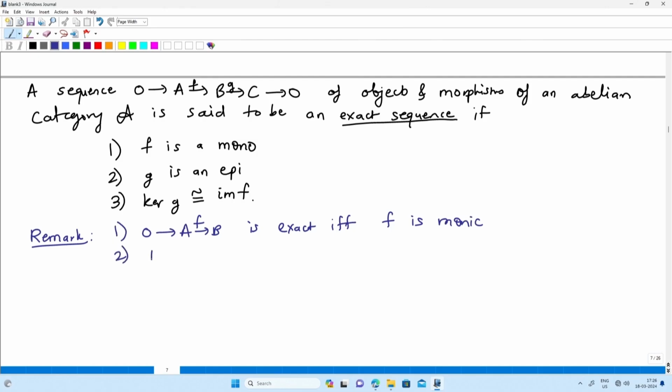The dual remark would be that B to C to 0 is exact if and only if G is epic. That's what I have written above.